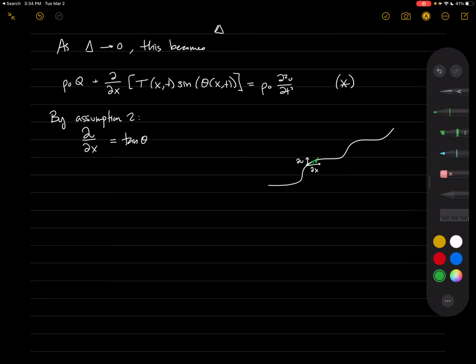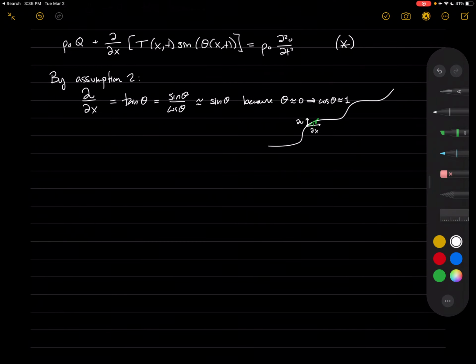Because tan theta is opposite over adjacent. Okay, so now tan theta, of course, we can also write as sine theta over cosine theta. And now assumption 2 is going to kick in, and we're going to find that this is basically sine theta, because we're assuming that theta is, not equal to 0, but basically 0. And when theta is basically 0, cosine theta is basically 1.